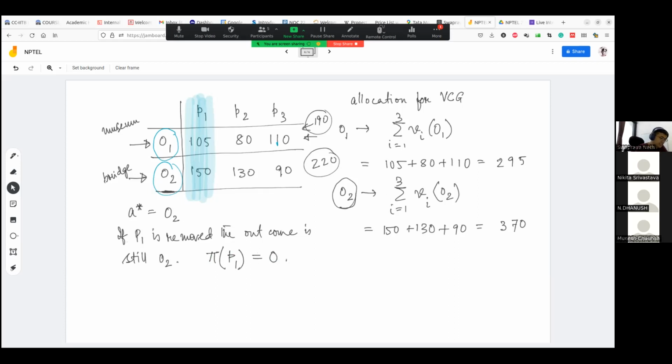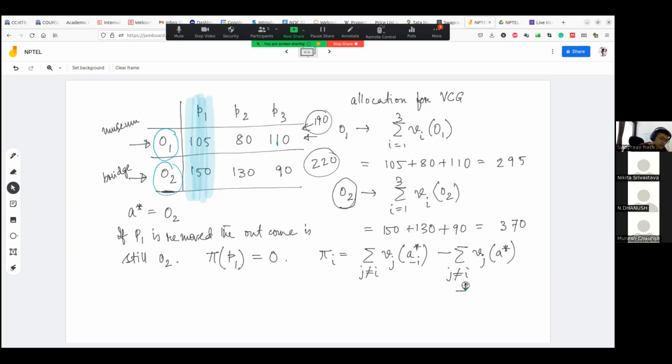Because if you remove that agent and look at the sum of the valuations of the other agents, it does not change. So the payment pi of i is the sum over all the valuations of all the other agents, j not equal to i, when agent i is not present, minus the sum of the valuations vj of A star of all the other agents when agent i was present. Here the outcome is O2.